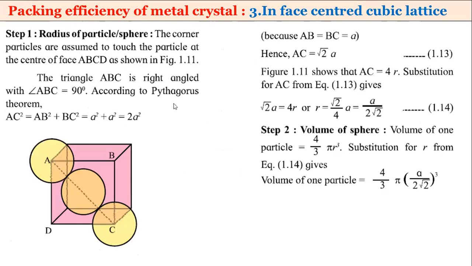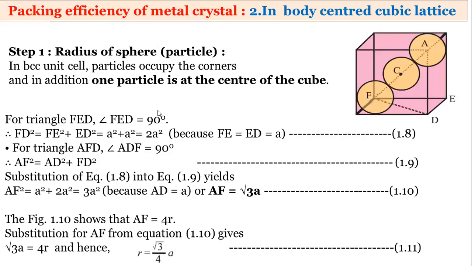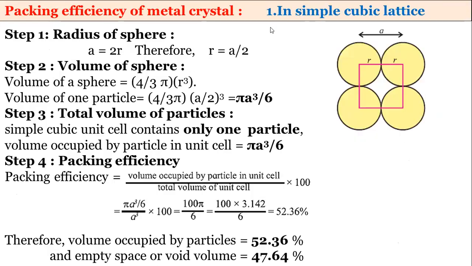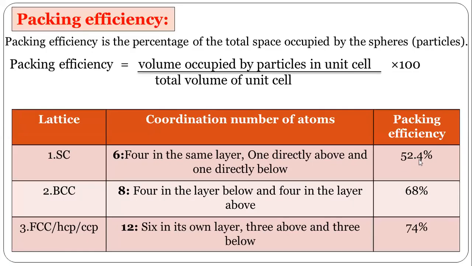So we only have to remember the 2 packing efficiencies. Number 1 is simple cubic lattice, and number 2 is body centered cubic lattice. Remember these 2 values: 52.4 for simple cubic and 68% space occupied for BCC. The 74 is non-evaluative for this year.